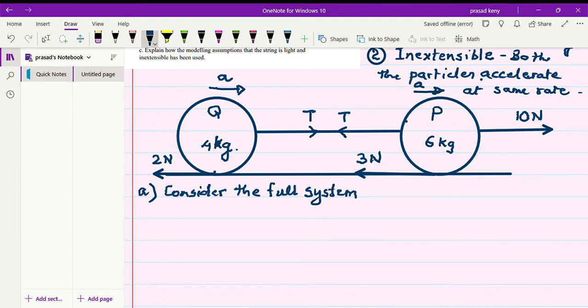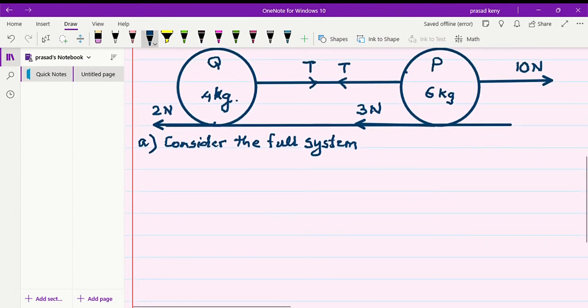Now let us find out the resultant force acting on the complete system. Now 10 Newton is acting in the direction of motion, and minus 3, the force of friction on P in the opposite direction, and minus 2, again in the opposite direction, that is the friction acting on Q.